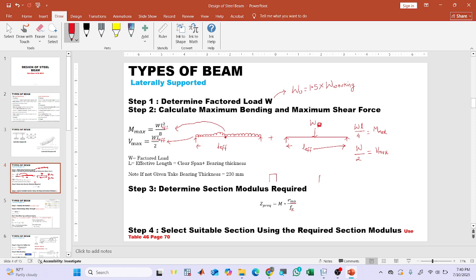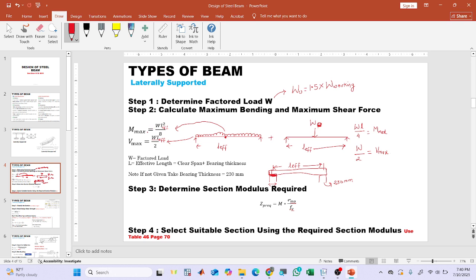Your beam will rest on masonry or any other structure, and the part over which your beam is resting is the bearing. Usually it is a masonry wall, so we keep it 230 mm. The center to center distance is known as the effective length, so this is L effective.